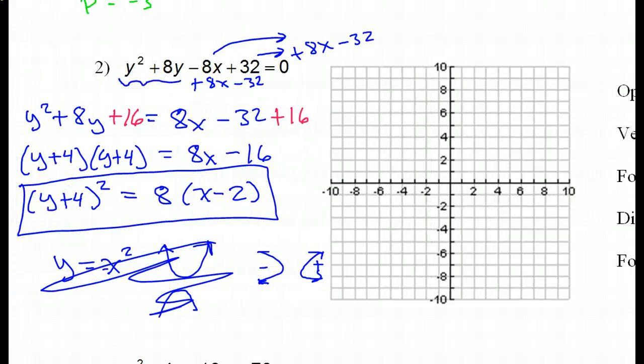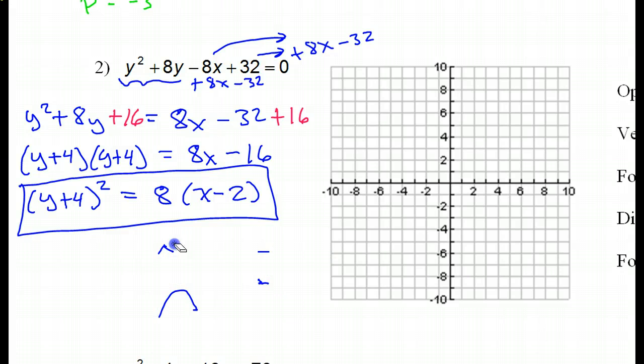Alright, now let's talk vertex. Got to be a little bit careful. It's still easy peasy lemon squeezy, but a common mistake would be to look here and go, oh, -4, 2. But that would be wrong, because when you do your vertex, the x coordinate has to come from the x, and the y coordinate has to come from the y part of the equation.